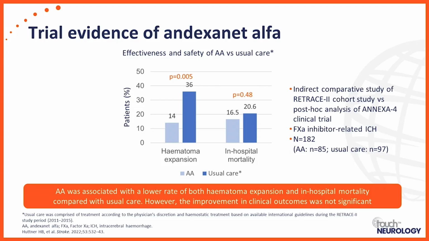That study, which included 182 patients, showed that patients treated with andexanet alpha had a significantly lower rate of hematoma expansion, and the in-hospital mortality rate was also lower.